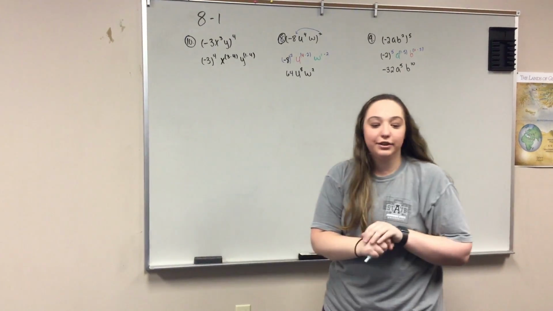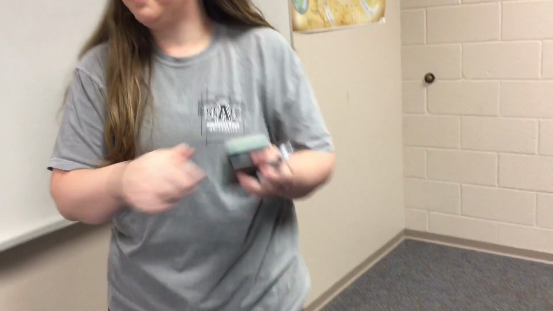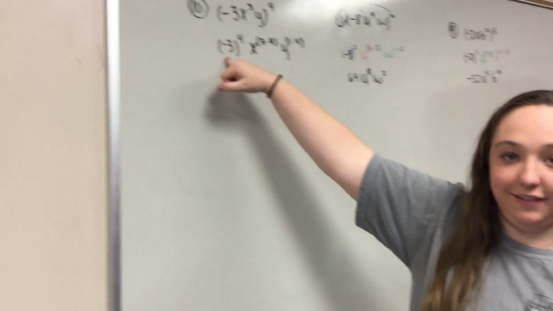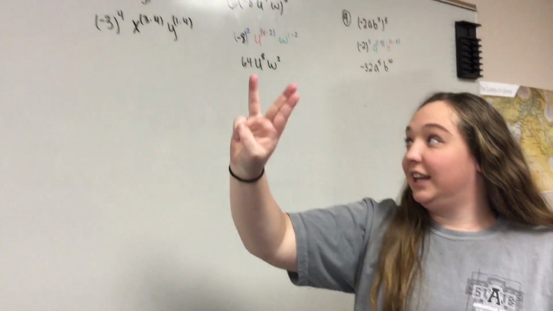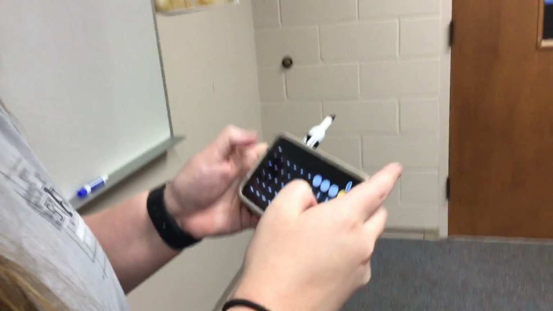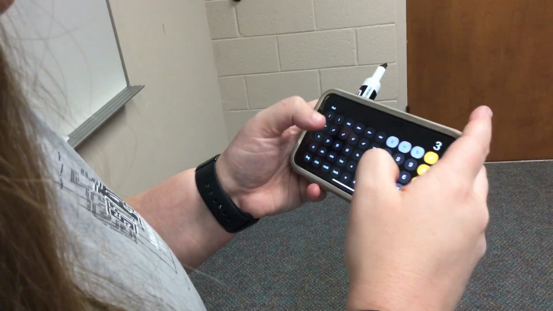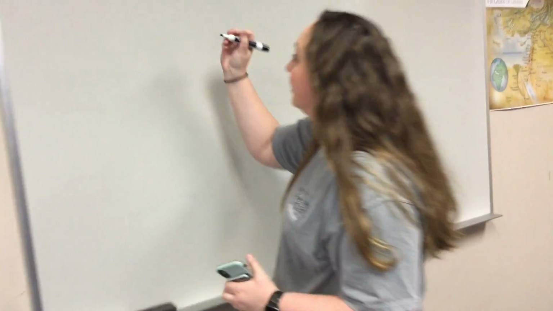So now I have -3 to the 4th power. And again, I don't know what that is right off the top of my head, but I do know that it's going to come out positive because we have negative times negative, which is a positive. Positive times negative is a negative, and then negative times negative is a positive. So I'm going to do -3 raised to the 4th power, and that gives me 81.